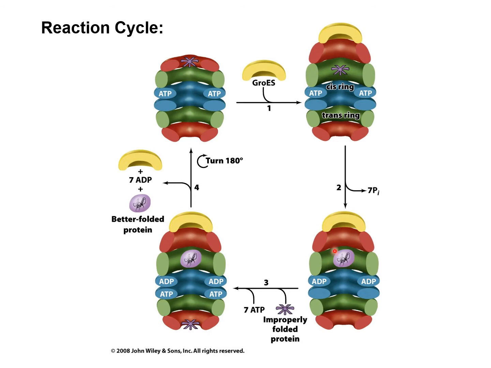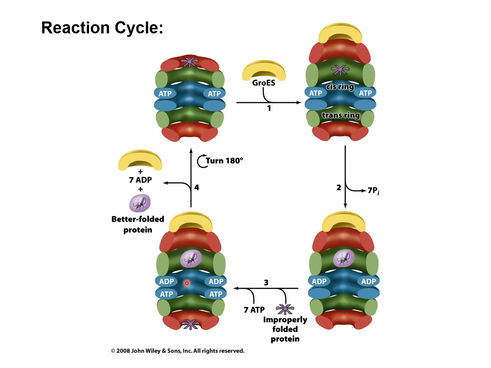Once it is properly folded, another misfolded protein can be introduced to the other side of this barrel-like shape. That induces again a conformational change of this bottom region, and also induces the release of both the cap, GroES, as well as the better folded protein.